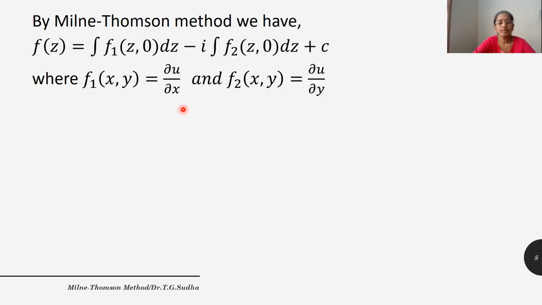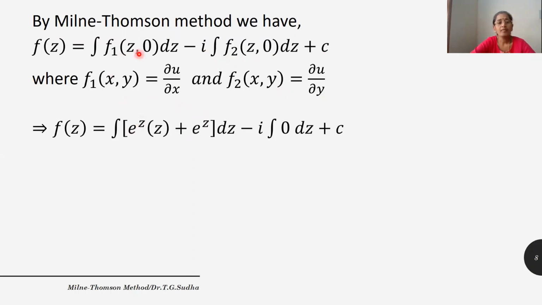So on substituting x is equal to z and y is equal to 0, we obtain f1 of z comma 0 as e power z into z plus e power z. Similarly, when we replace x is equal to z and y is equal to 0 in dou u by dou y, we obtain f2 of z comma 0 and that becomes 0.